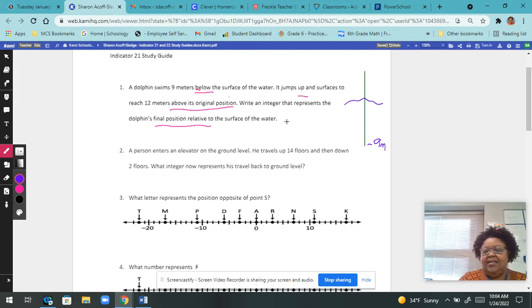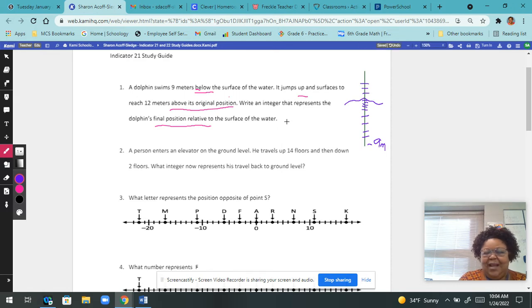So now he's going to go 12 meters above its original position. So we're going to go up 1, 2, 3, 4, 5, 6, 7, 8, 9, 10, 11, 12.